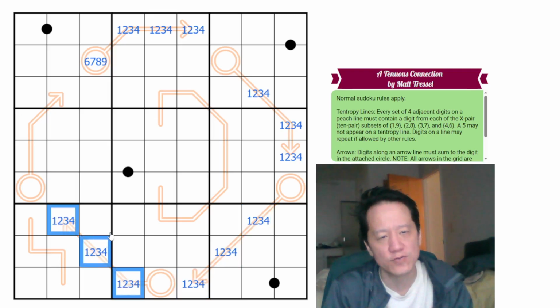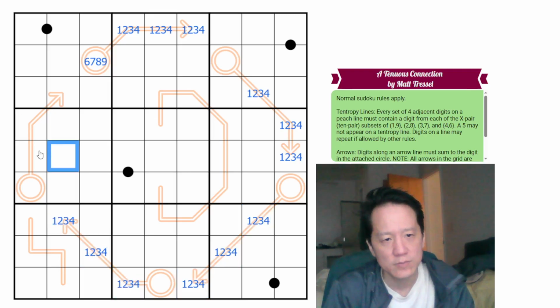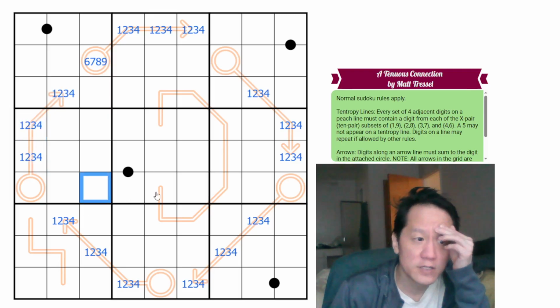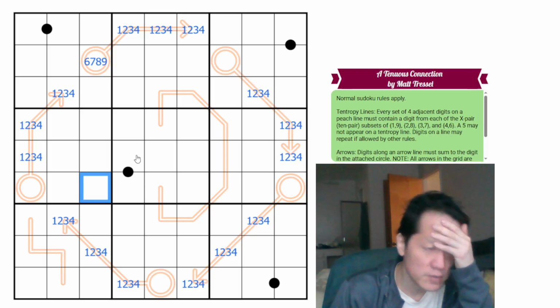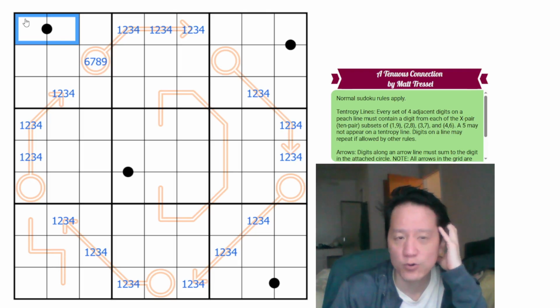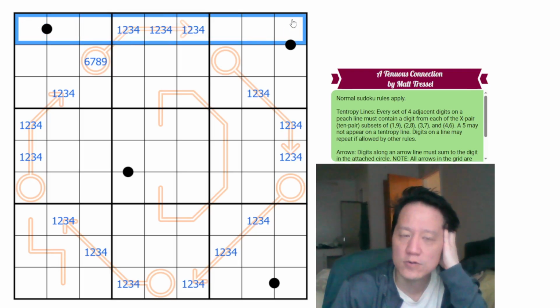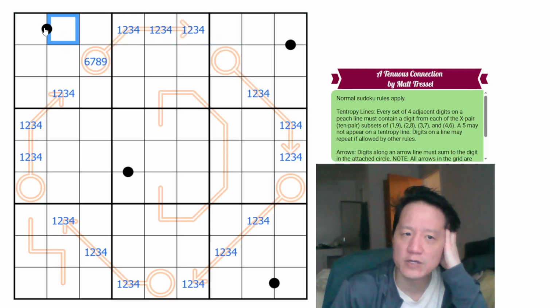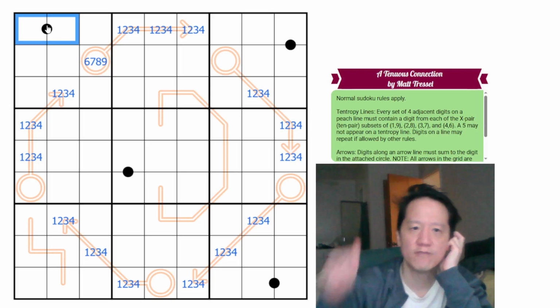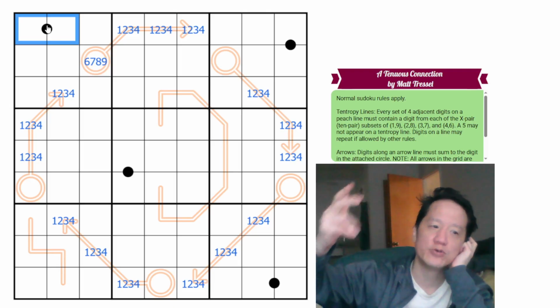These are 1 through 4. These are 1 through 4. So that's very interesting, actually. This must contain the last 1 through 4 in this row, right? Because one of these two, you can only have 1 doubled, 2 doubled, 3 doubled, or 4 doubled.